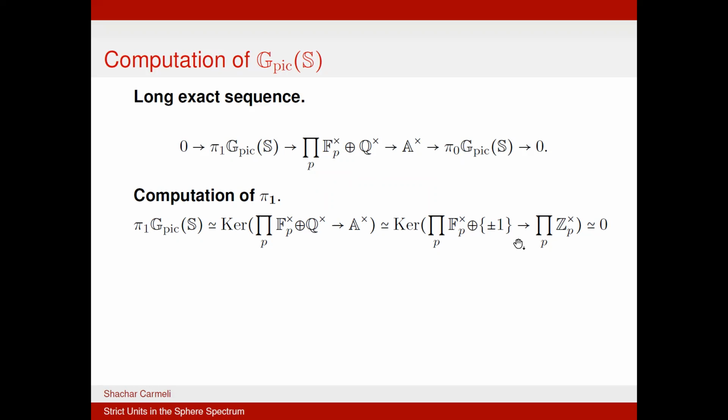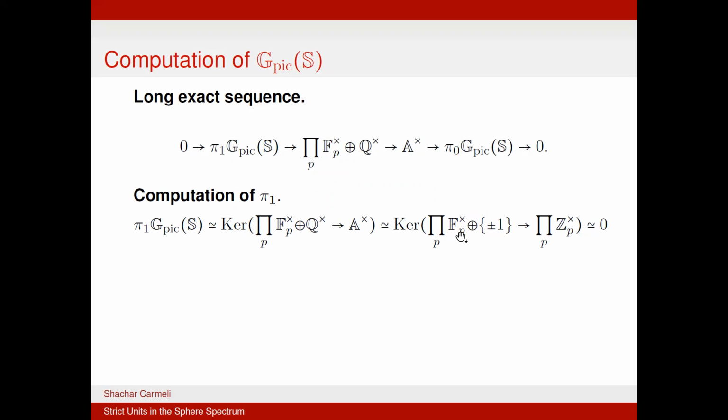But here something really funny happens. The claim is that every element of the product of the CP crosses has a unique expansion as a tuple of Teichmuller lifts and a sign. And the reason is that if we have such an element, if the right-hand component is 1, we are done, because then the left-hand component is just a subgroup.